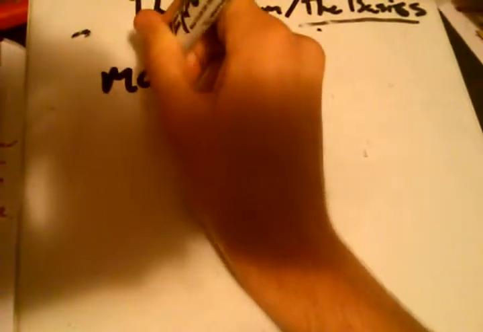Alright, next we're going to talk about molar mass, but first, what is a mole? Now, technically speaking, a mole is a unit of measurement used in chemistry to express amounts of a substance, defined as the amount of any substance that contains as many elementary entities as there are atoms in 12 grams of pure carbon-12. Now, what does that all mean?